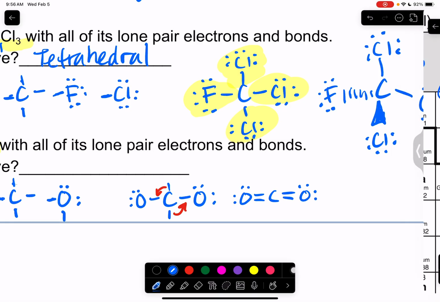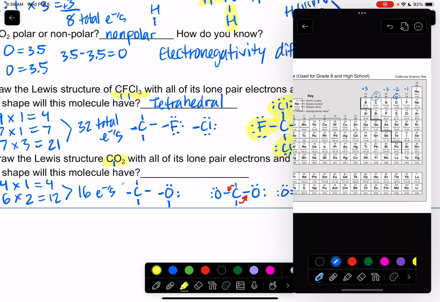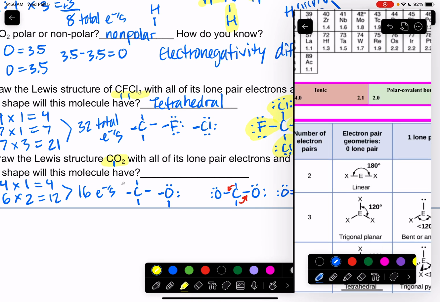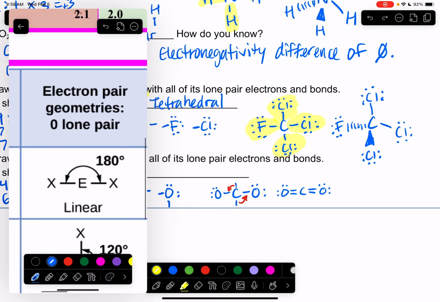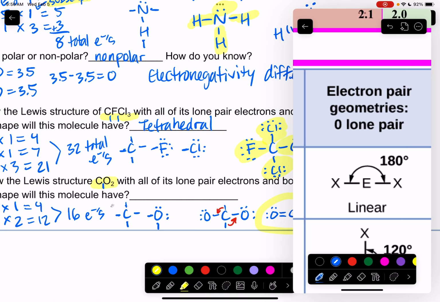Next, we're going to use this chart to figure out what shape this is going to make. This all counts as one group. This all counts as one group. So that's 2. So if I look at that chart here, I'm going to go to 2, and there's only one option. It's going to be linear. So when I draw this, it's actually going to look exactly the same as this. So I'm not going to draw it again because that is the structure. But I am going to add the shape, which is linear.